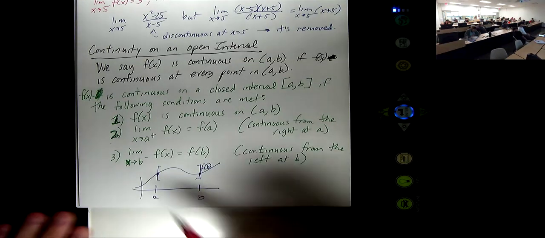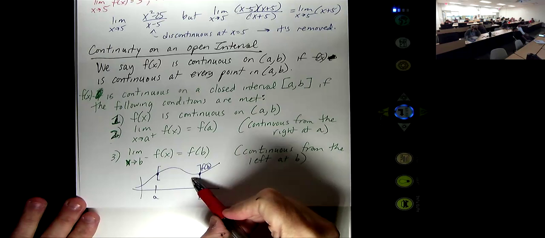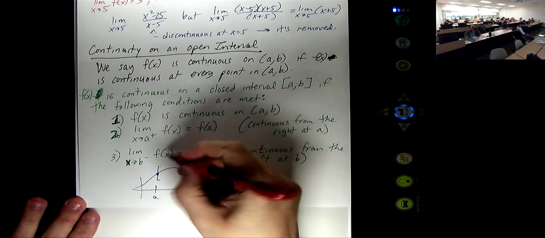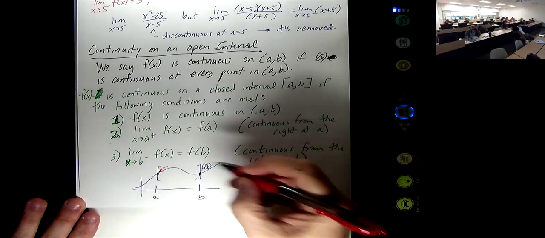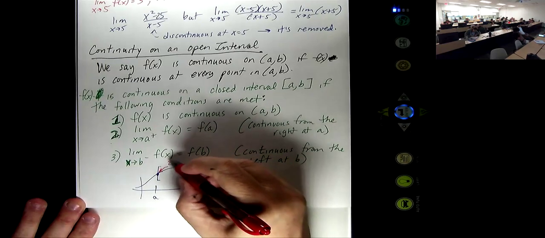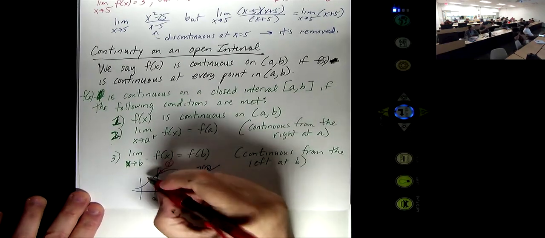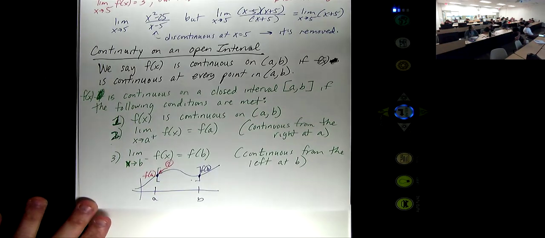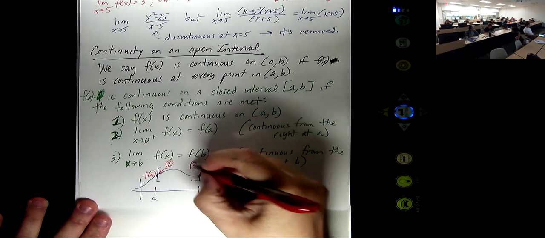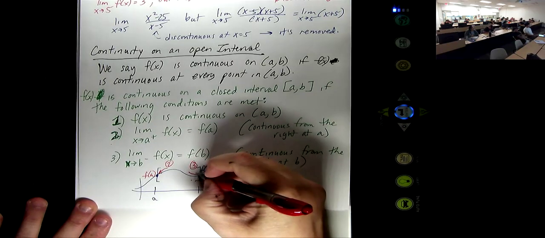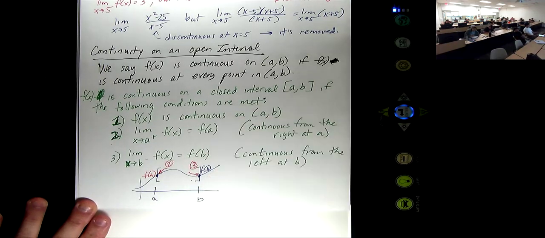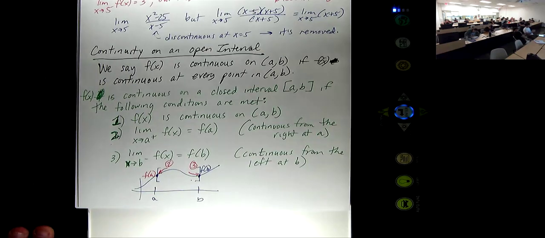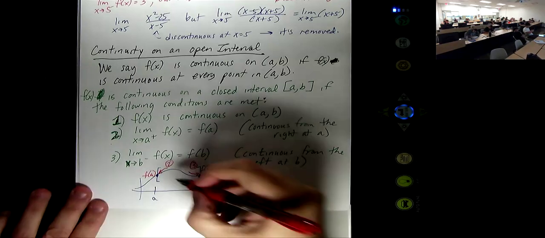So this is continuous everywhere inside. And the limit as x approaches A from the right, this is part 2, is actually equaling f of A. It's approaching that point. And for part 3, as we come in from the left at B, that's f of B. And 1 is like the middle.